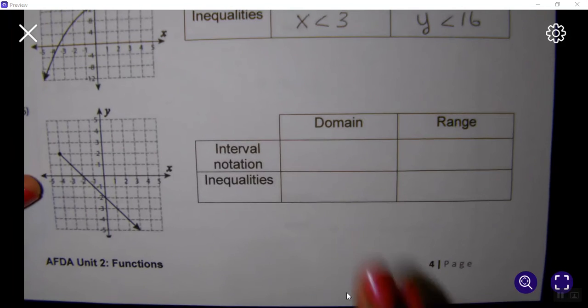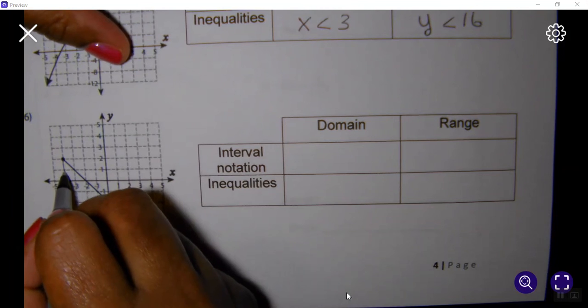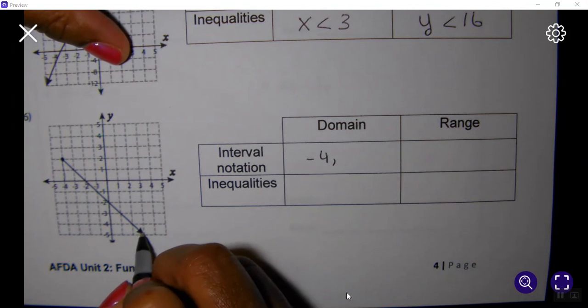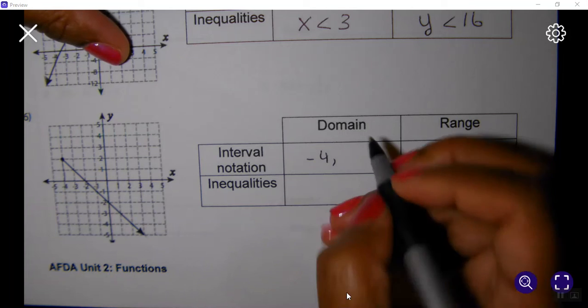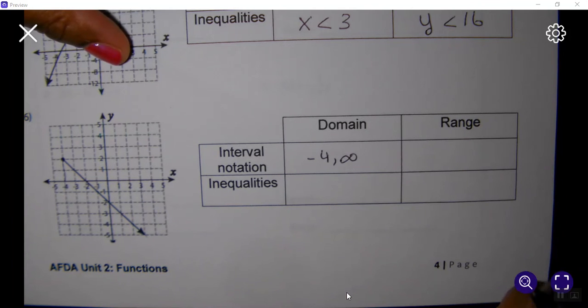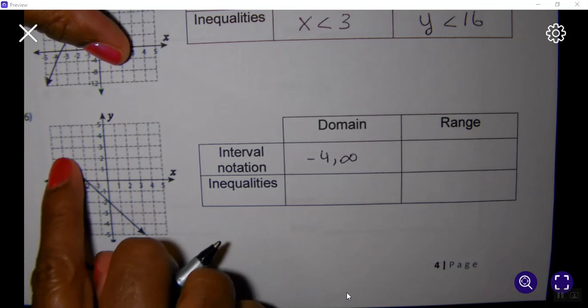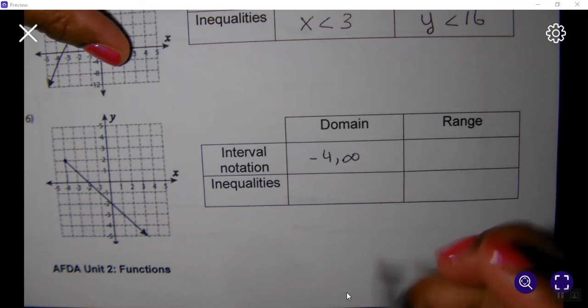All right. For the domain, we have here is starting at negative 4. And then it's not really stopping at 3. It keeps going, even though it looks like it's going down, it's actually going right and down, right, like that. So it's going to positive infinity. Don't write negative because we're really looking at the domain. It keeps moving to the right to positive infinity.